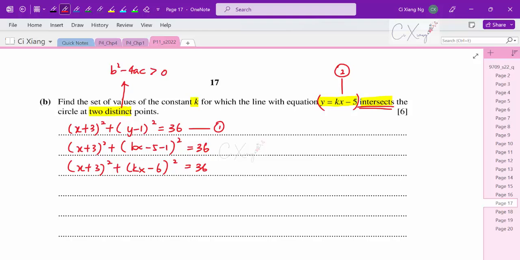We have to rephrase it into a quadratic equation first before we can apply the discriminant rule. So I'll expand everything where I get x squared, 6x, 9. I get k squared x squared, negative 12kx plus 36, and I get another 36 on the right.